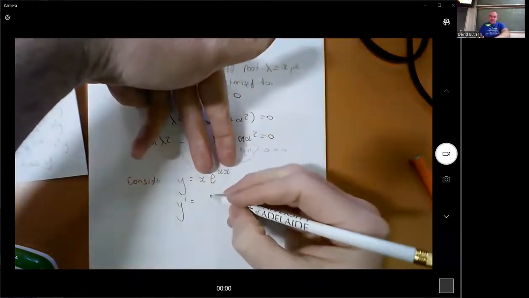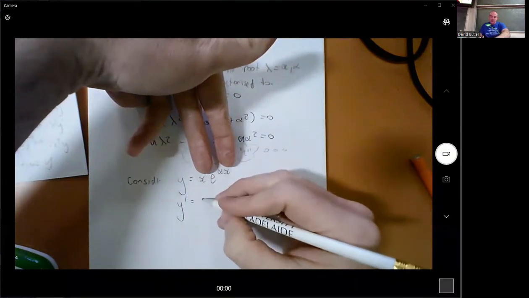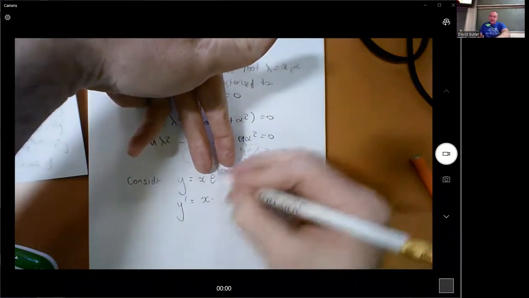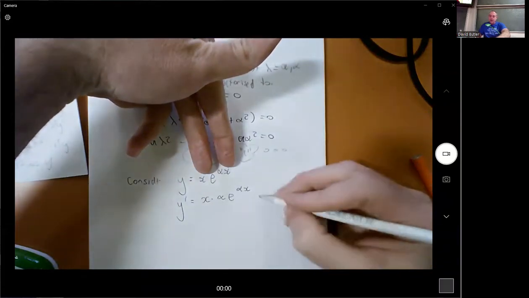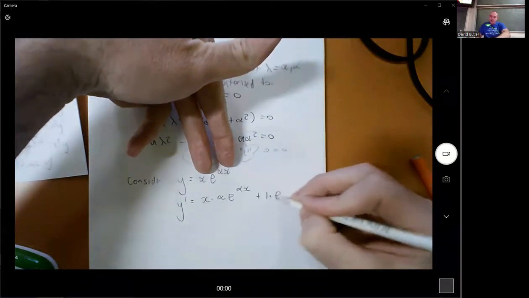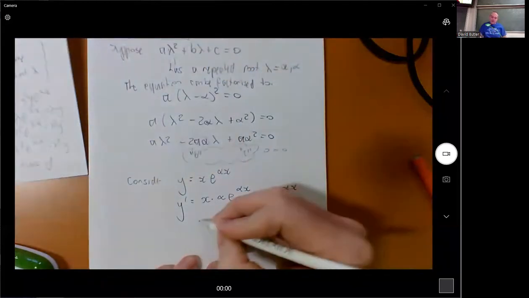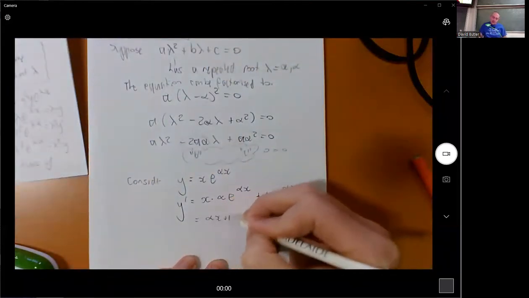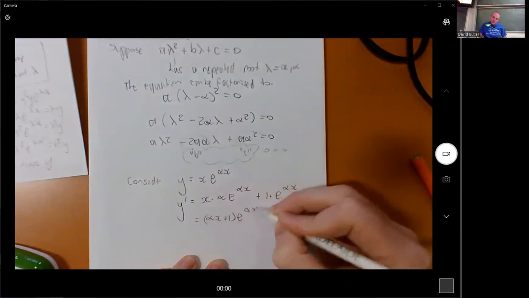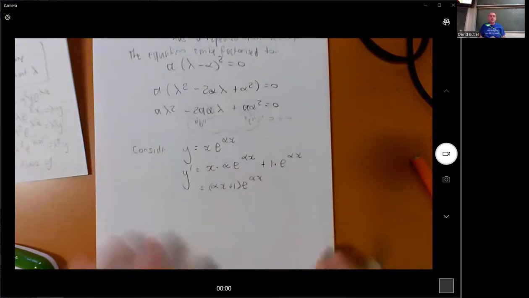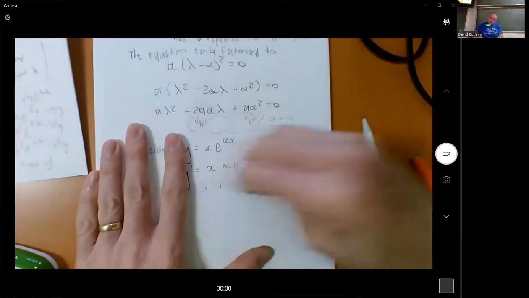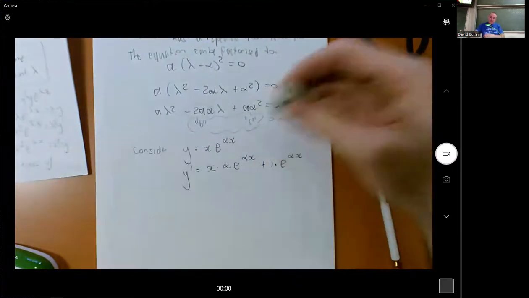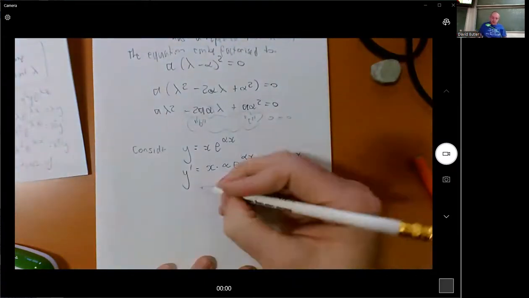So the derivative, well, I'll keep the x and then I'll differentiate this, which is alpha e to the alpha x. And then I'll differentiate the x, which is a 1, and keep the alpha e to the alpha x. And so I'm going to get alpha x plus 1 e to the alpha x. Actually, no, I'm not going to do that. I'm going to leave it as it is. But I might just make it prettier.